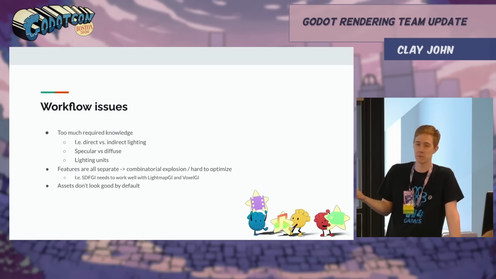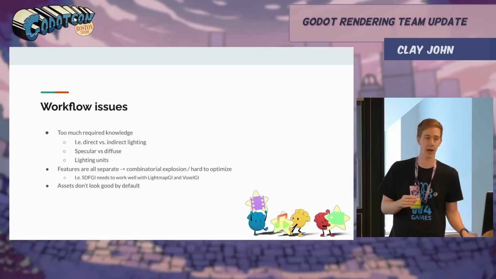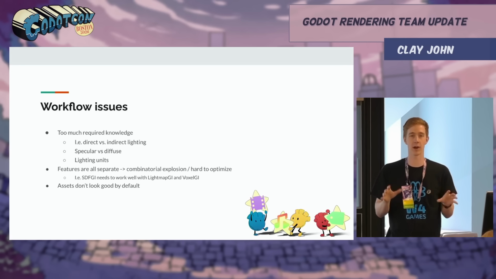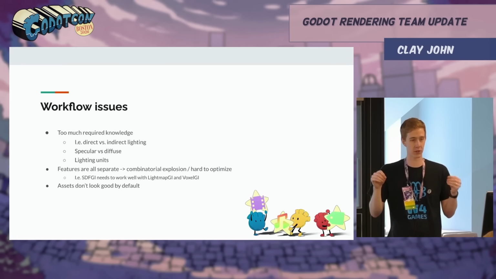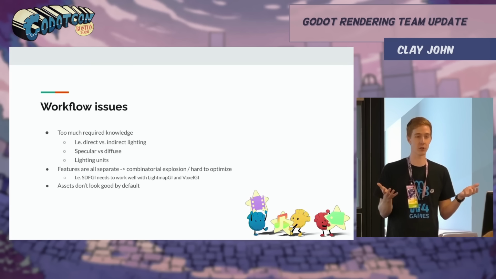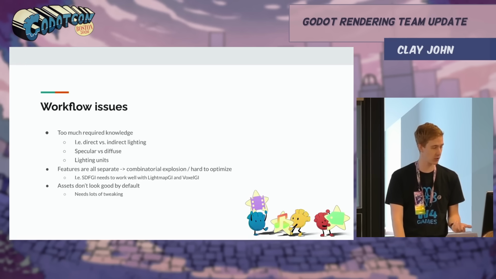Godot 4 looks okay, sometimes looks good, but it usually requires manual tweaking of your lights and your environment and stuff to make things look good. And I think this is an area where we've really broken with the Godot way of doing things. When you make a 2D game, you just drop your stuff in there, you attach scripts, and things look good, right? And in 3D, it takes more knowledge and more effort, and I want that to change.